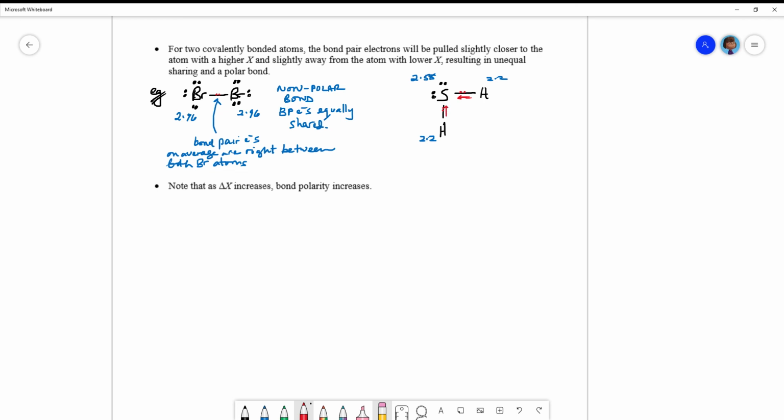And so here, clearly those bond pair electrons are not being shared equally. So let's note that our bond pair electrons are pulled closer to sulfur and away from hydrogen. And the result is that we have two polar bonds in which the bond pair electrons are unequally shared.